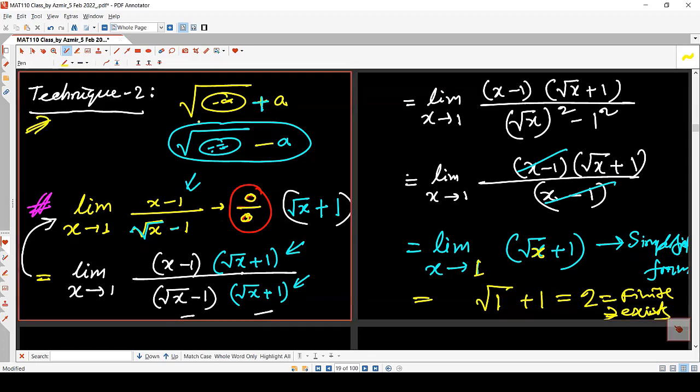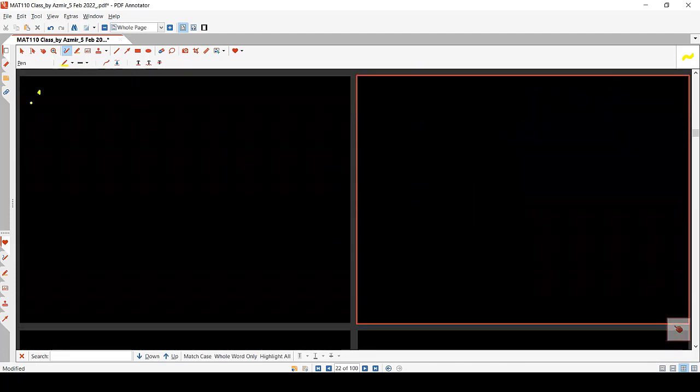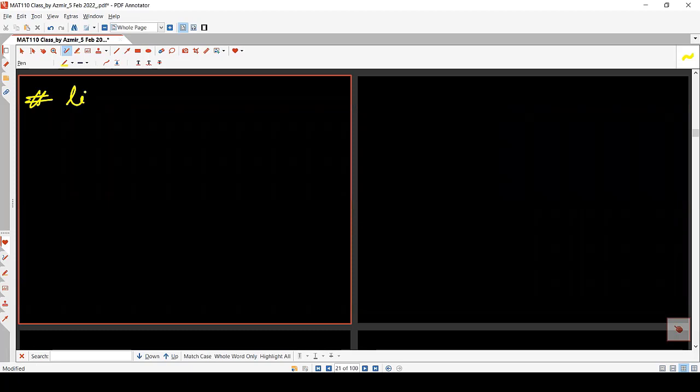So let's have another example. Suppose we have to compute the limit of square root of x squared plus 9 negative 3 divided by x squared.